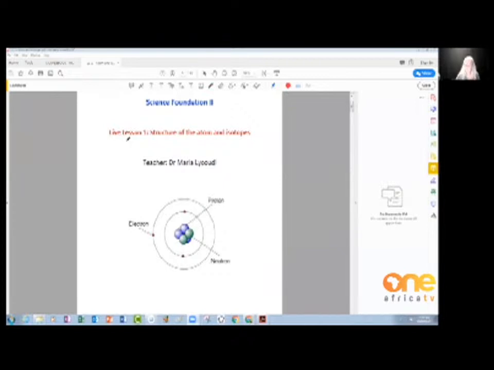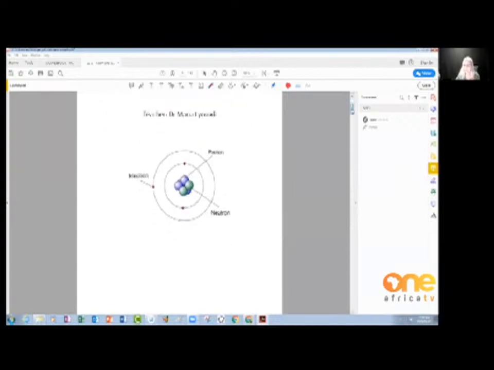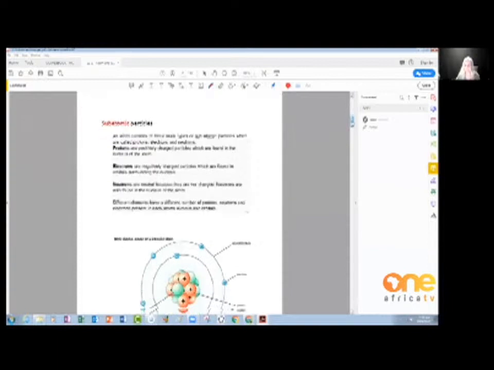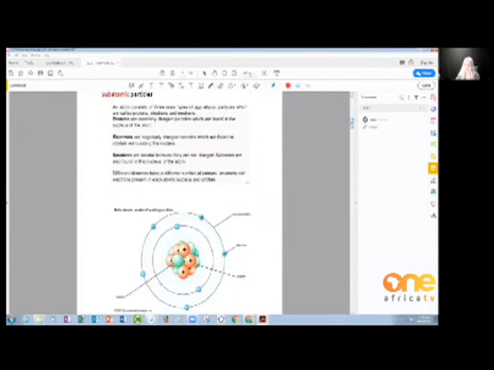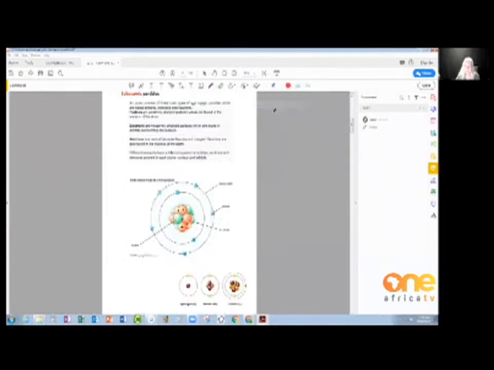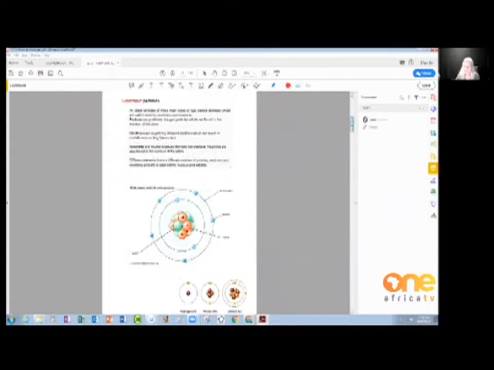So today we are talking about the structure of the atom, and if we have time, we are going to talk a little bit about isotopes, which is actually week 1 in your course when you open the Cambridge Learn site. Okay, so let us begin with this page, this top part actually.